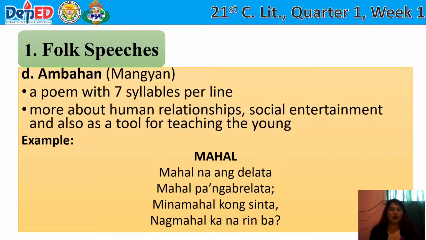An example of an ambahan, which is actually a poetry also, is titled Mahal. "Mahal na ang delata, mahal pa nga ang abrilata, minamahal kong sinta, nagmahal ka na rin ba?" So, it actually tackles human relationships, the current life, the present situation of life, and social entertainment as well.